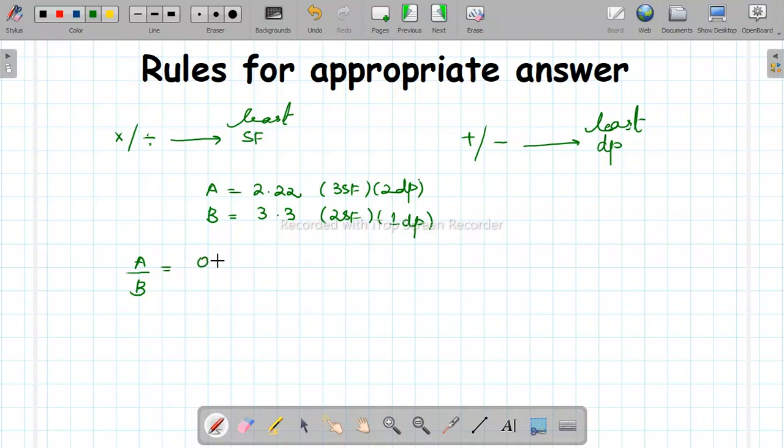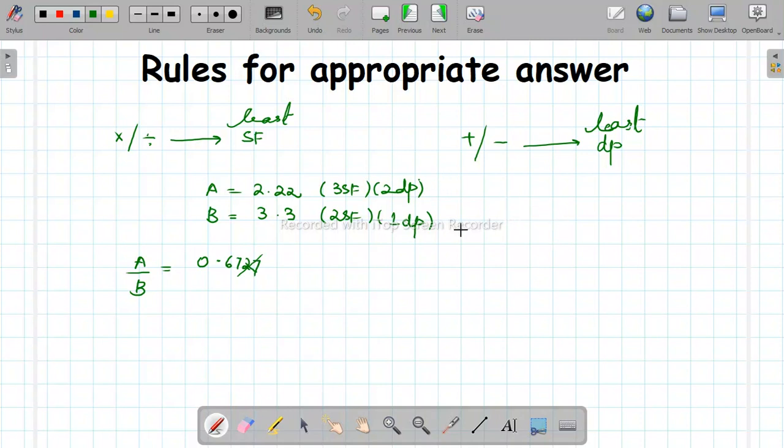Your final answer would be 0.6727 and so on. ठीक है, जनरली जब हम डिवाइड करते हैं हम ये देखते हैं, बट द रूल सेज कि आपने अपने फाइनल आंसर को राउंड ऑफ करना है तब तक जब तक आपकी वैल्यू में लीस्ट सिग्निफिकेंट फिगर्स ना आ जाए. लीस्ट कितने? ए में 3 सिग्निफिकेंट फिगर्स हैं, बी में 2 हैं, इन दोनों में से कम कौन से हैं? 2. इसका मतलब है मैं जब इनको मल्टीप्लाई या डिवाइड करूंगी तो मुझे अपने फाइनल आंसर को राउंड ऑफ करना है जब तक उसमें 2 सिग्निफिकेंट फिगर्स आ जाए, राइट? 2 को हटा देना है.